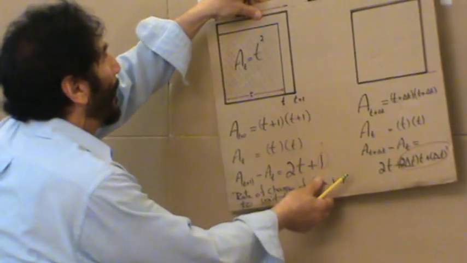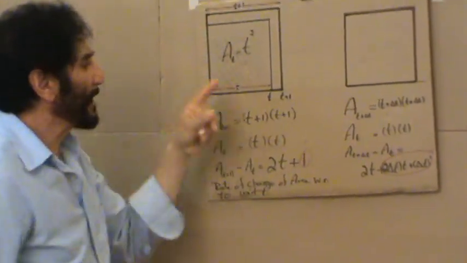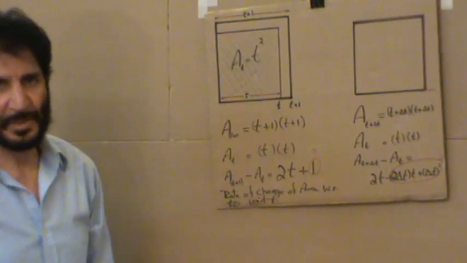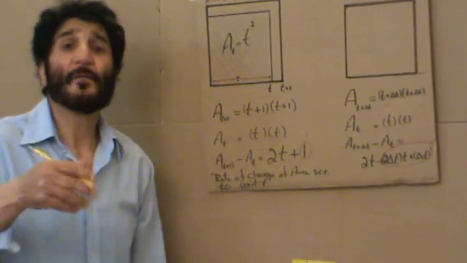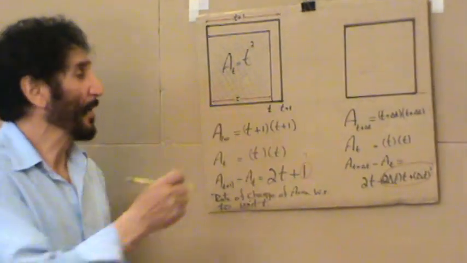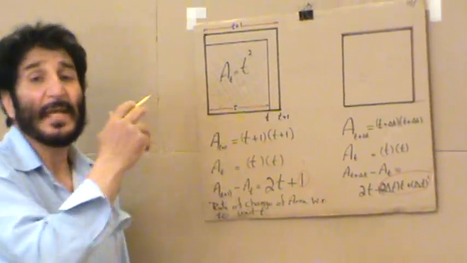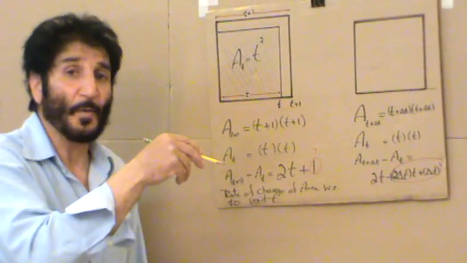Now, the first area is t times t, that is t squared. The second area, one second later, has side t plus 1. So the area of the square will be t plus 1 times t plus 1.